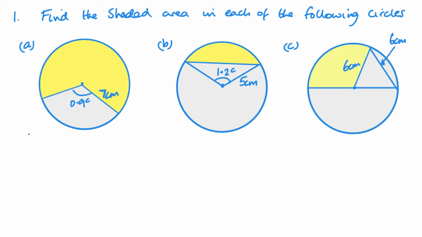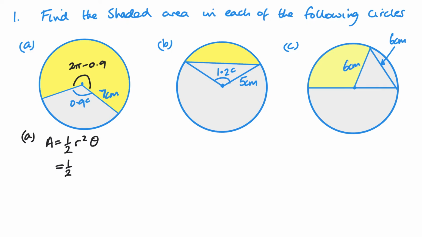Okay, let's have a look at part A here. So we want to find the area of the major arc here. So this angle is going to be 2 pi minus 0.9. And then don't forget my formula is area equals half r squared theta.